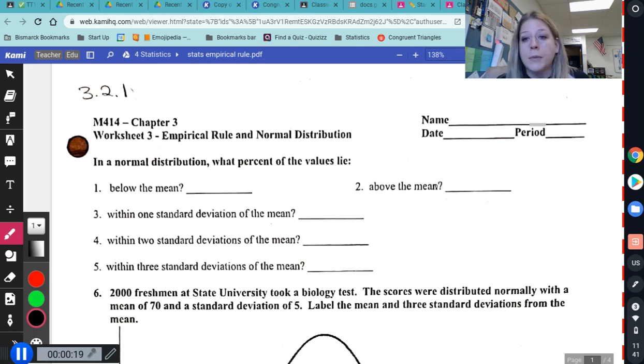For statistics specifically, we are going to do a Google Meet the last 15 minutes of each period. So second hour you will meet at 9:30 and fourth hour you will meet at 11.